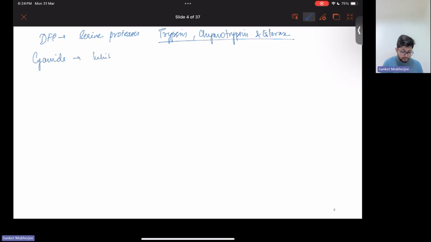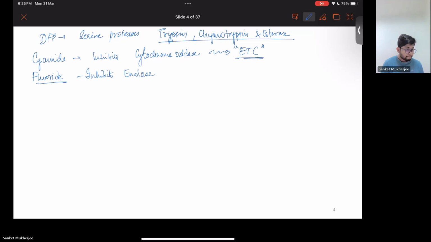It inhibits cytochrome oxidase, which is involved in the electron transport chain, important for metabolism. Fluoride inhibits enolase. So it removes magnesium and manganese ions, which are important for the active site of the enzyme.